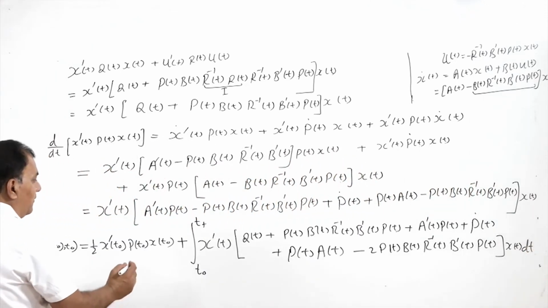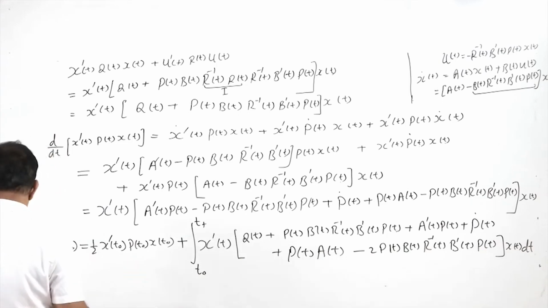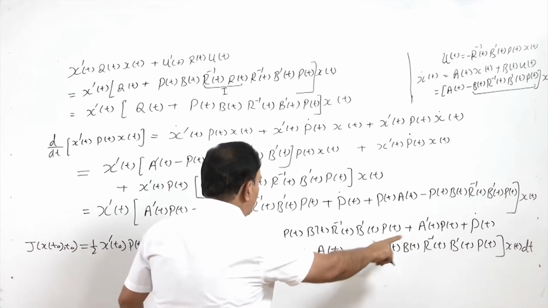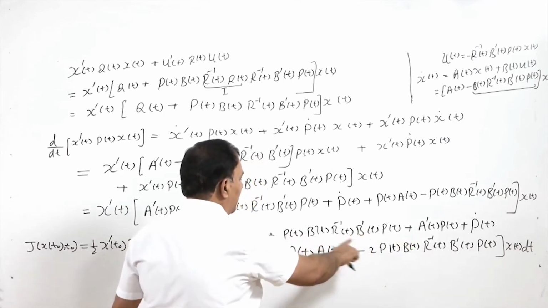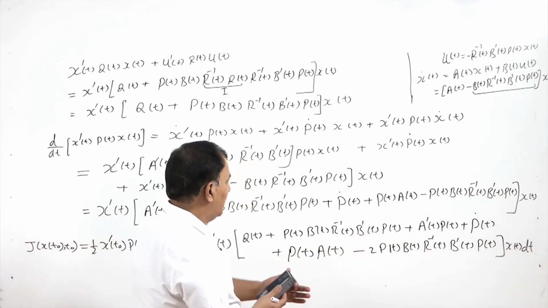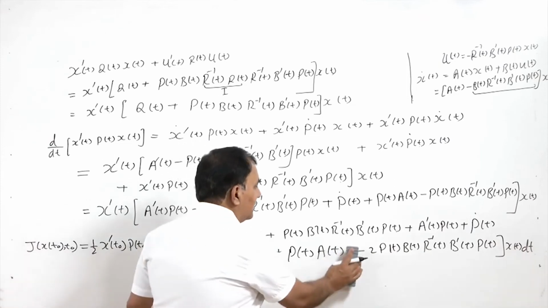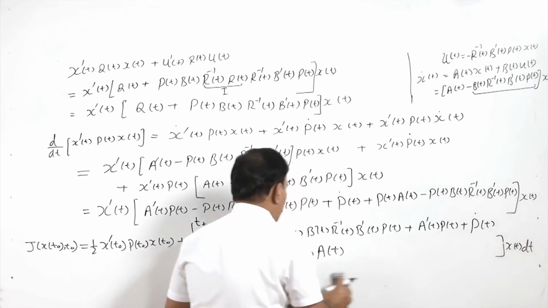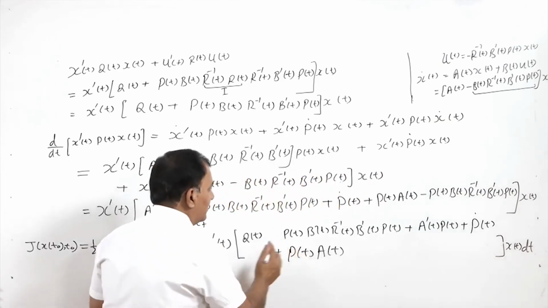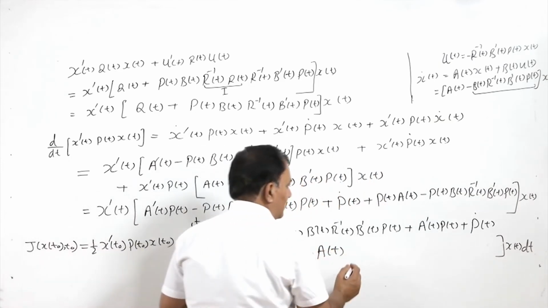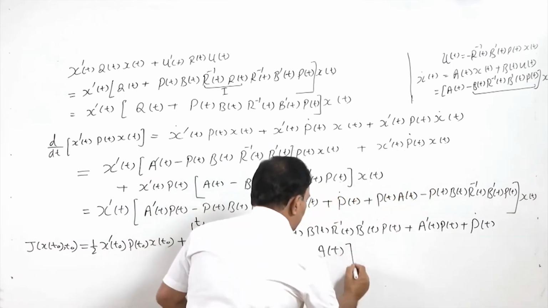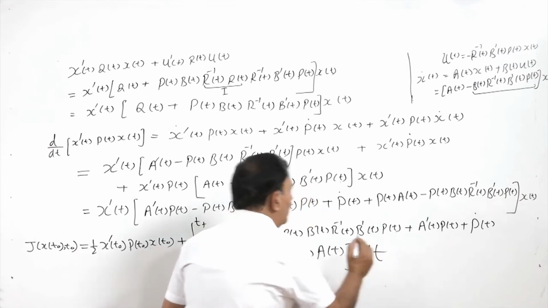So if I further expand this, now you will see this is the 2 P B R inverse B prime P, P B R inverse B prime P. So in a way what I can write, I can remove this and make this as minus, and I can write this into dt.